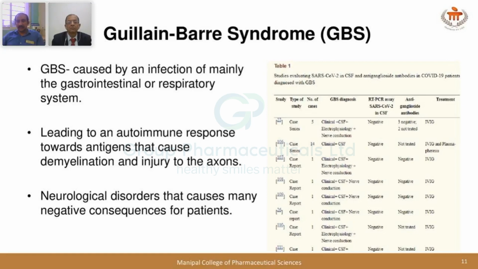You can see several cases have been reported with COVID-19 resulting in Guillain-Barré syndrome. In the table, you can see the number of cases where, even though the RT-PCR was negative in several cases, the patient was detected to have GBS with COVID-19. So GBS is one of the important neurological disorders that has resulted in several negative consequences in COVID-19 patients.